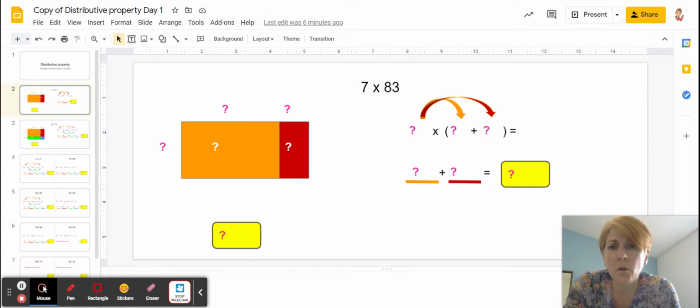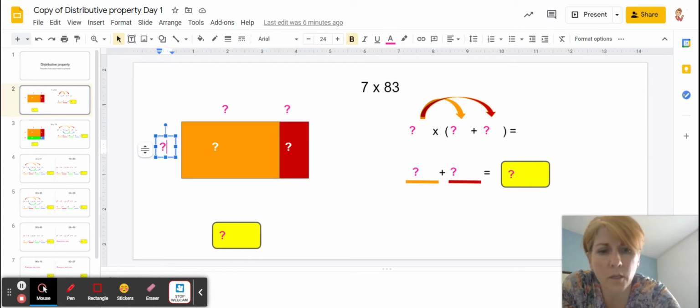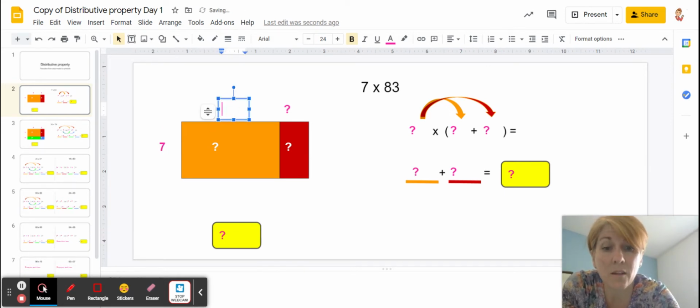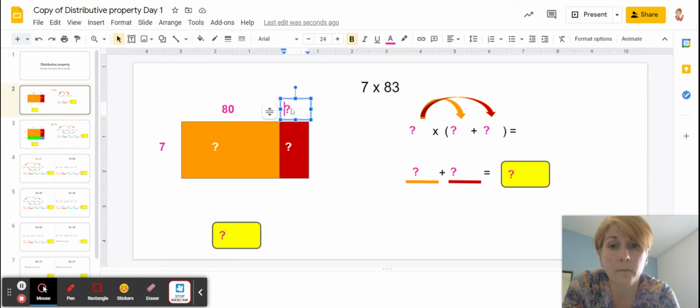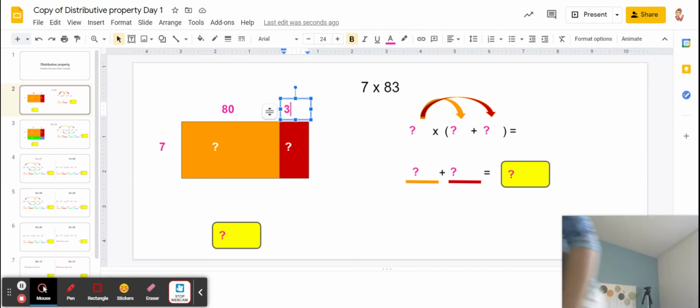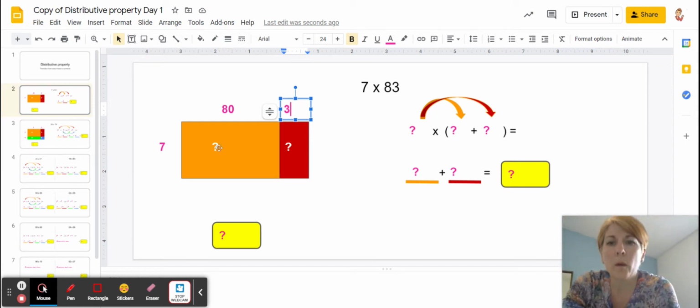You would start by plugging your 7 in here, splitting the 83 into 80 and 3. Okay, so 80 and 3. And then we can ask, what's the area?